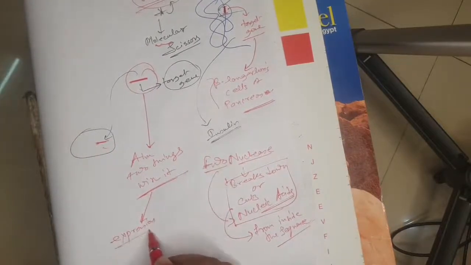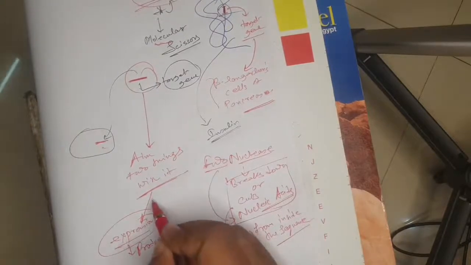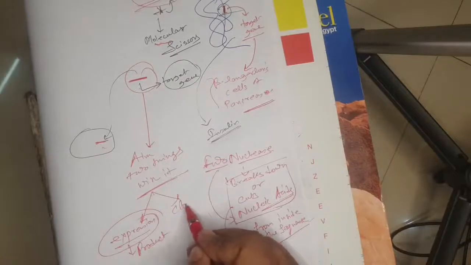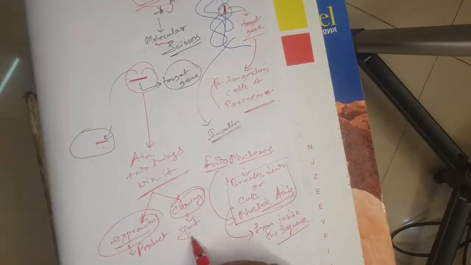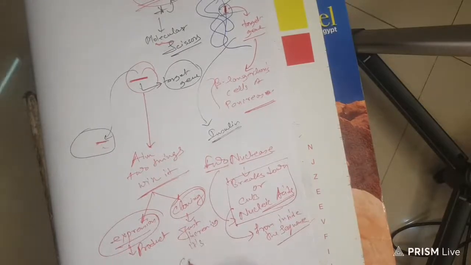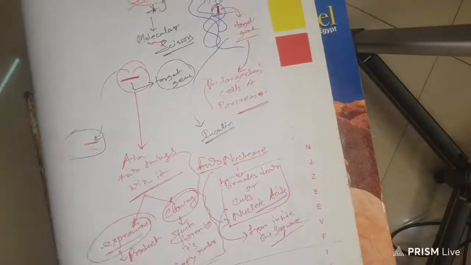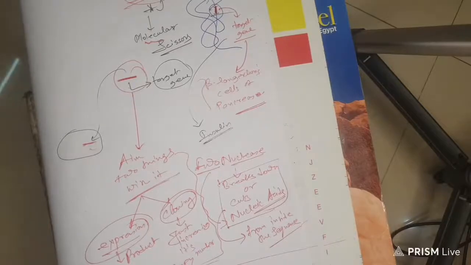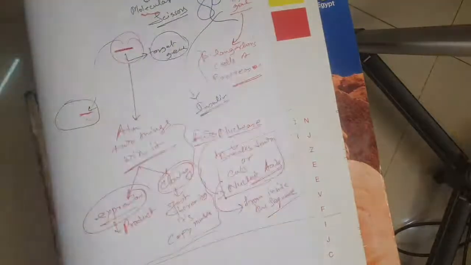If you aim for its expression, it means you are interested in the product. Another thing is you can just aim for its cloning, meaning just increasing its copy number. So these are the two things you can do with the target gene.